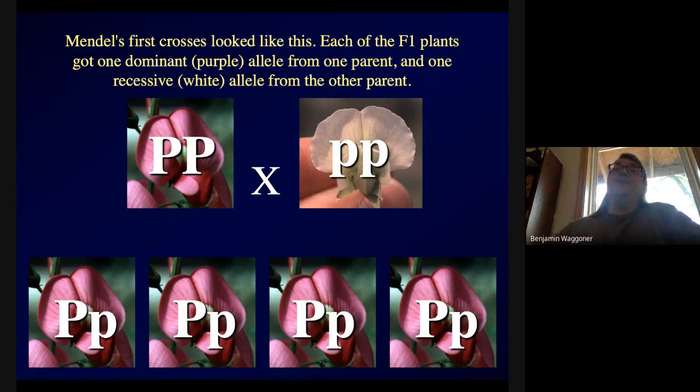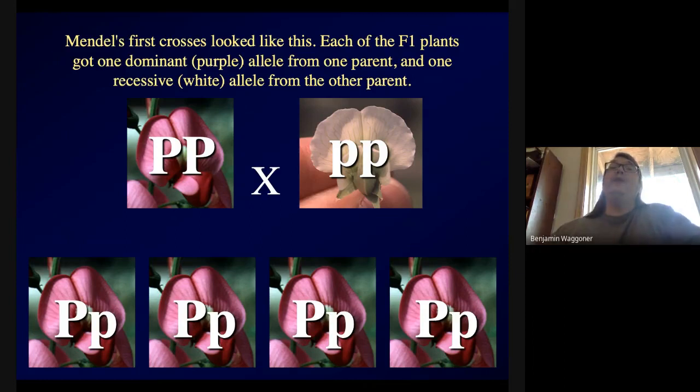Every one of the offspring in the F1 generation got one of the dominant alleles from one parent and one of the recessive alleles from the other parent. Every one of these plants got a big P from mom and a little p from dad. Or actually, it could be the other way around. It could be a big P from dad and a little p from mom. It's not important in this case.